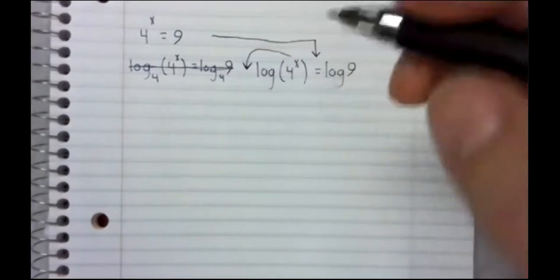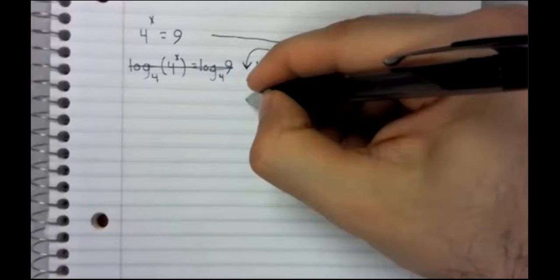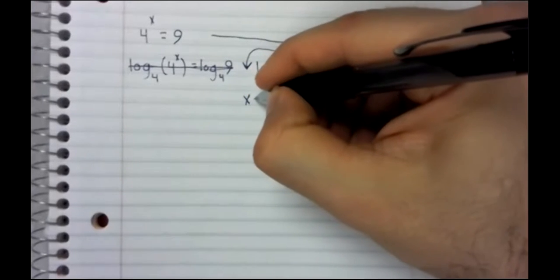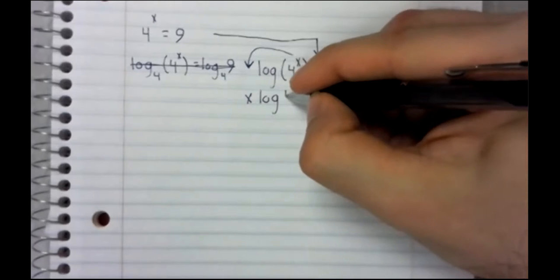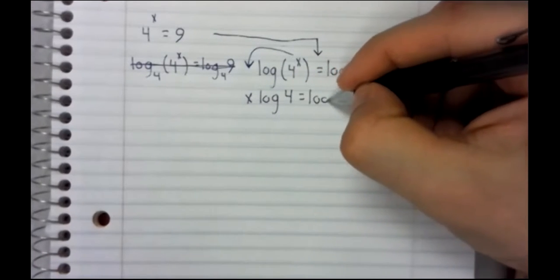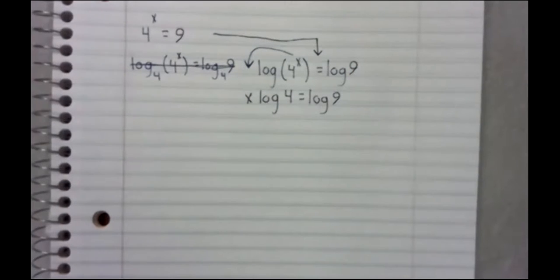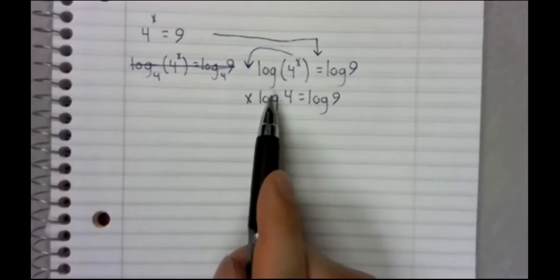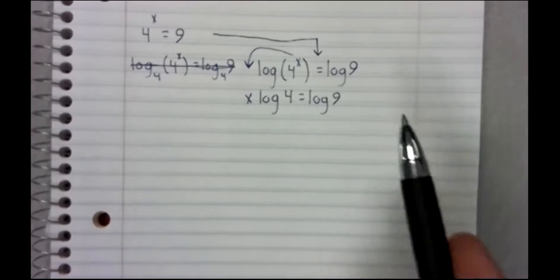But according to what we discussed on Monday, taking the logarithm of a power brings the power down in front of the logarithm. And now we've got x times a number equals another number.